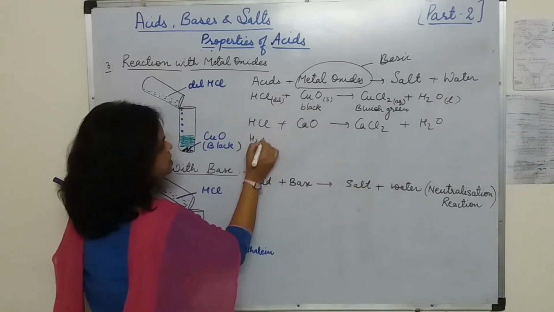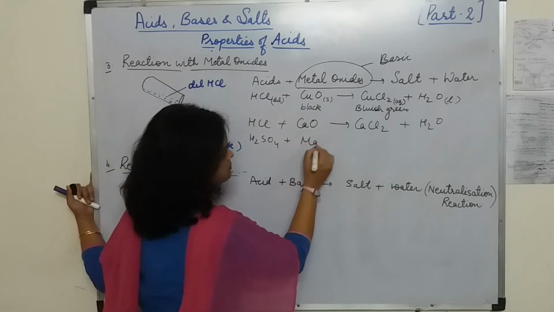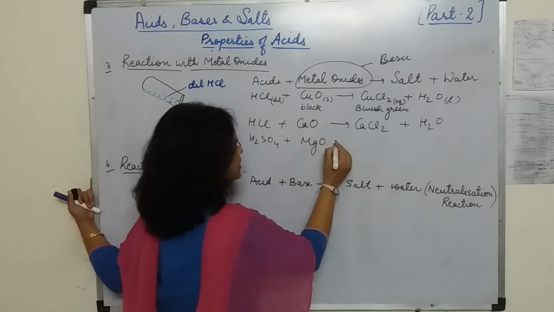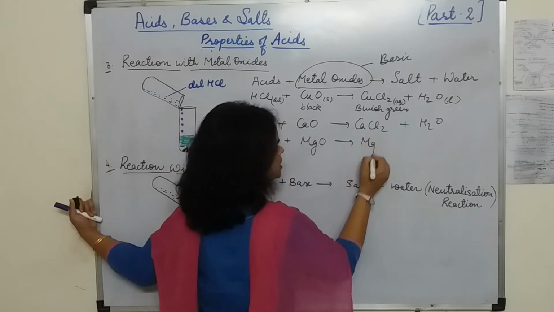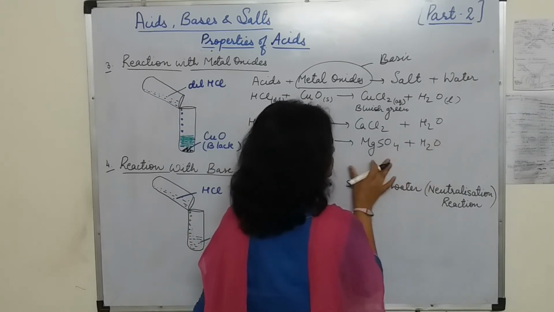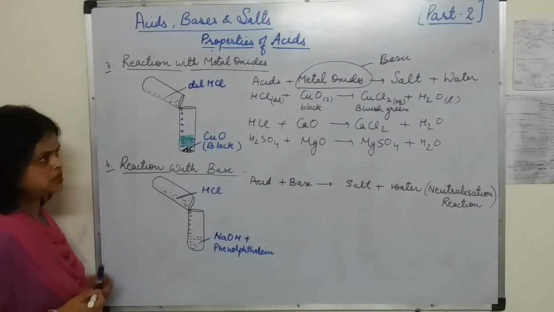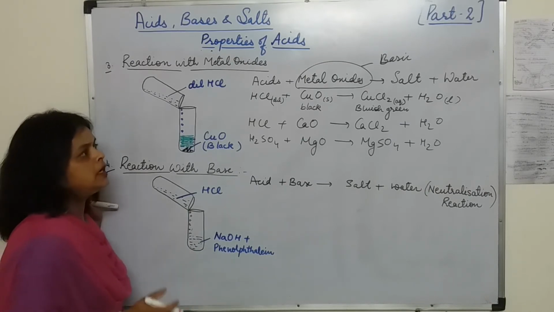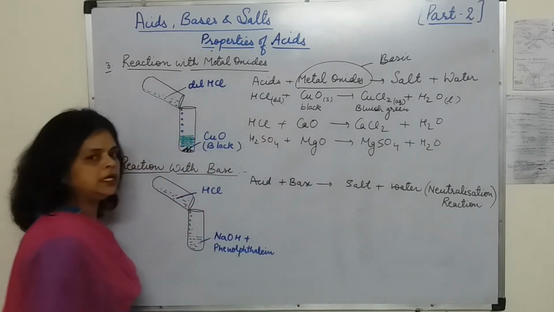If you take H2SO4 and make it react with MgO, magnesium oxide, Mg and SO4 are going to form magnesium sulfate along with H2O. So the conclusion is that metal oxides, whenever they combine with acids, form salt and water, and because of this we can say metal oxides are basic in nature.